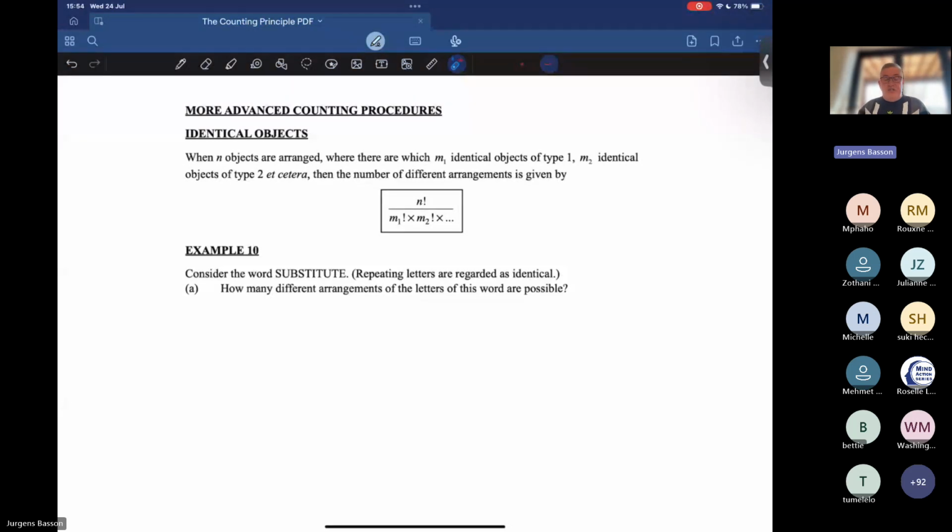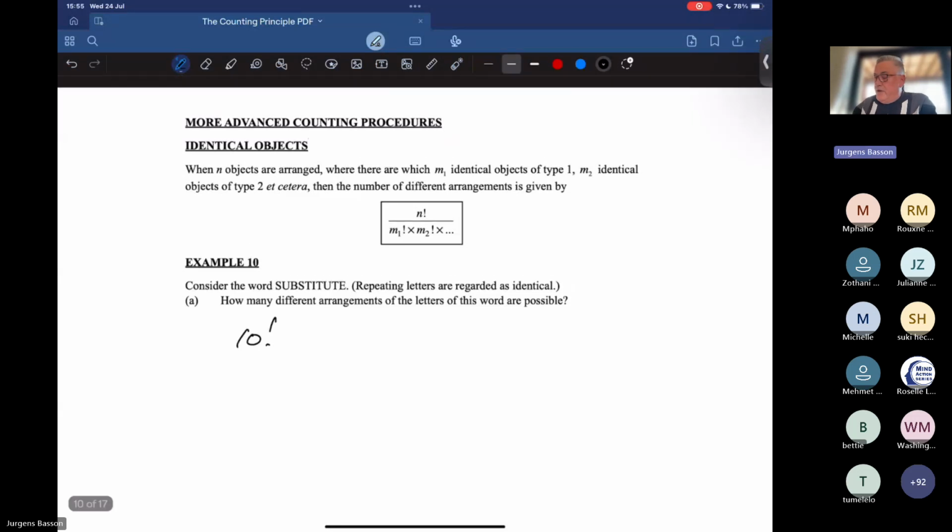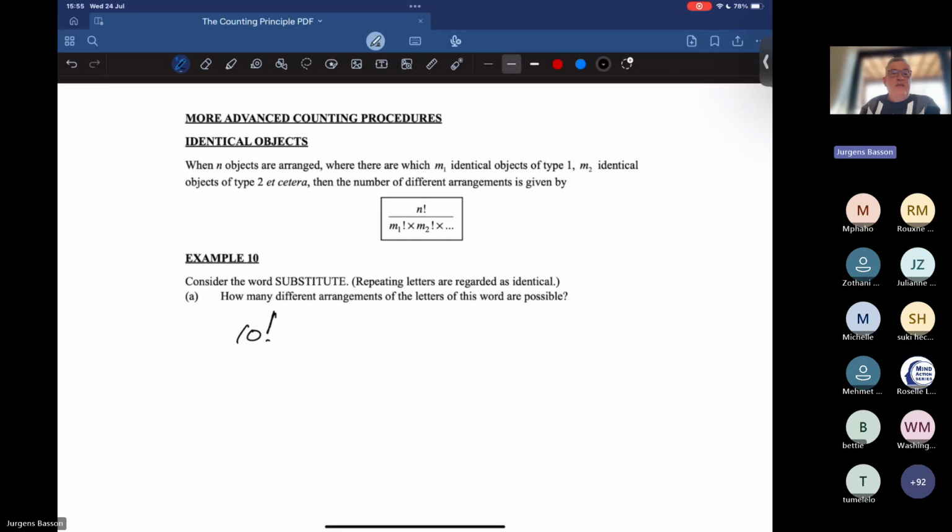Now, substitute, it's got letters that repeat. Now, what we need to understand is, if I look at these and I say 1, 2, 3, 4, 5, 6, 7, 8, 9, 10 letters, if all of them were different, we would have said 10 factorial, because it's 10 letters, 10 positions, 10 factorial.